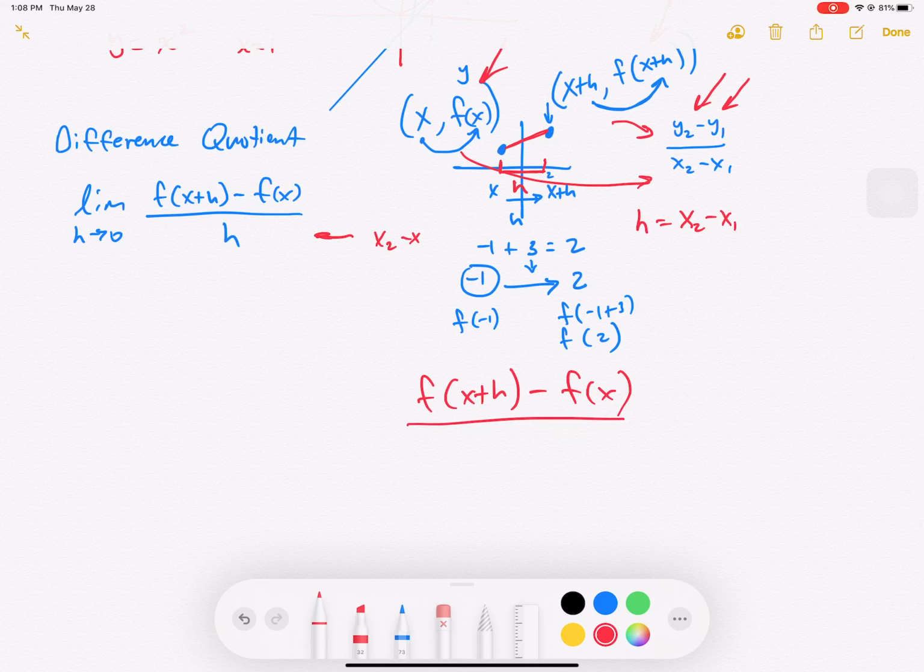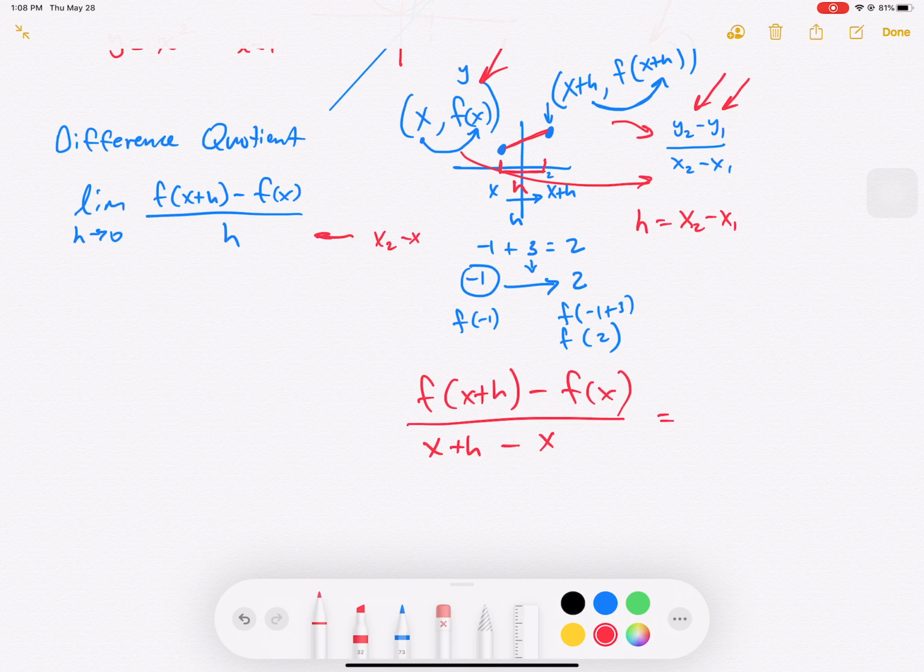Over, slope says x2 minus x1: x plus h minus your original x. We can simplify that a little bit. f of x plus h minus f of x. Look down here. What subtracts out? The x's, and we're left with just h. And this is our difference quotient here.